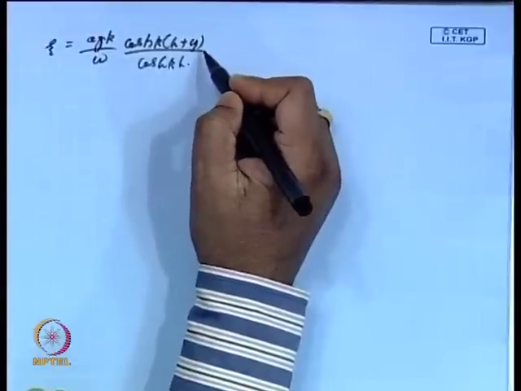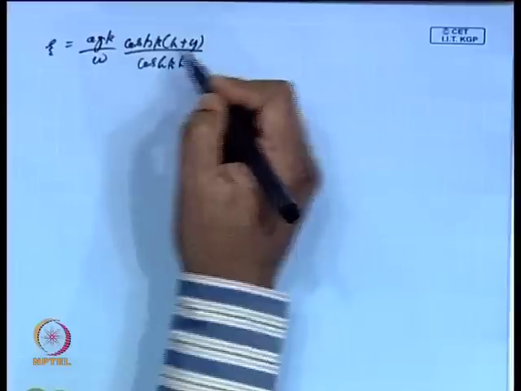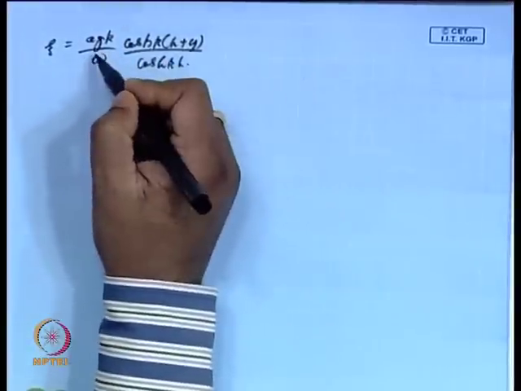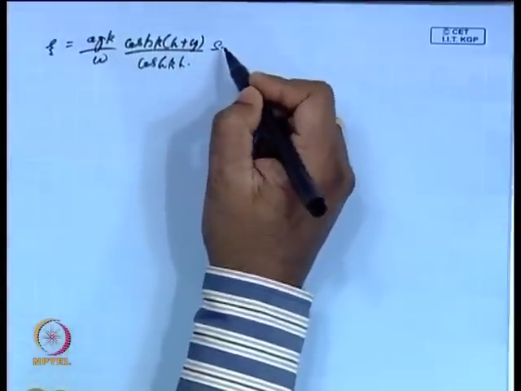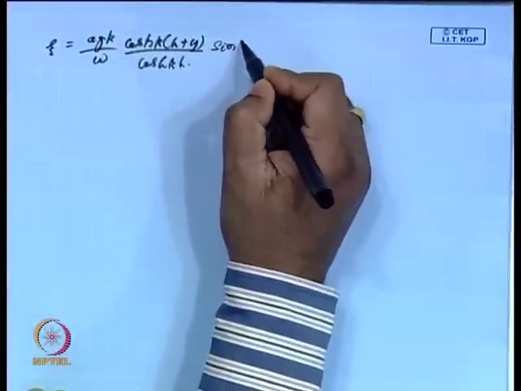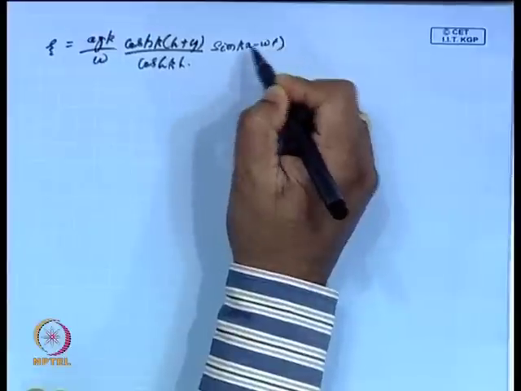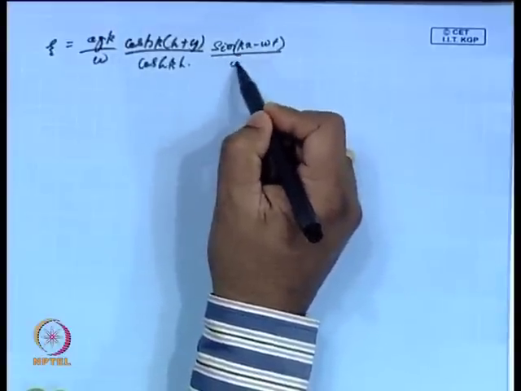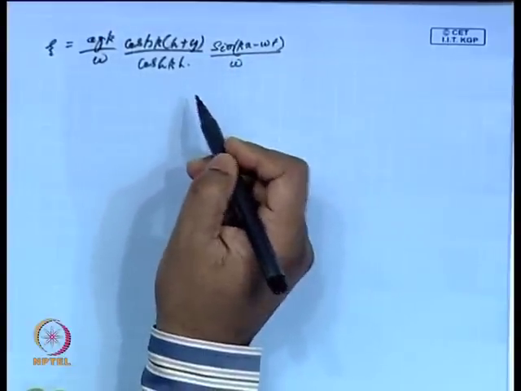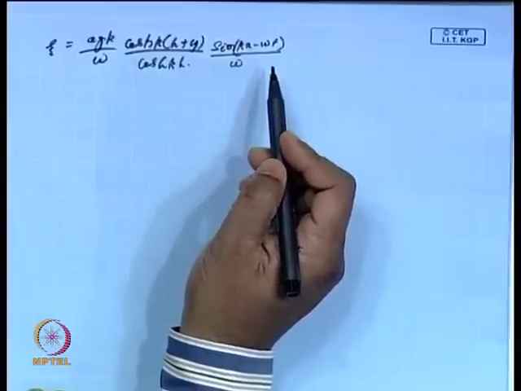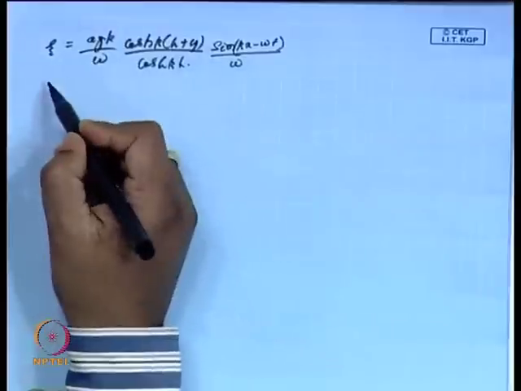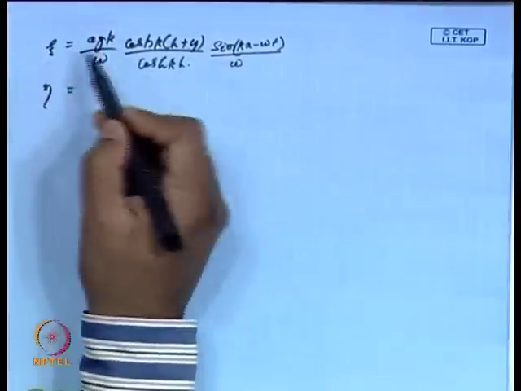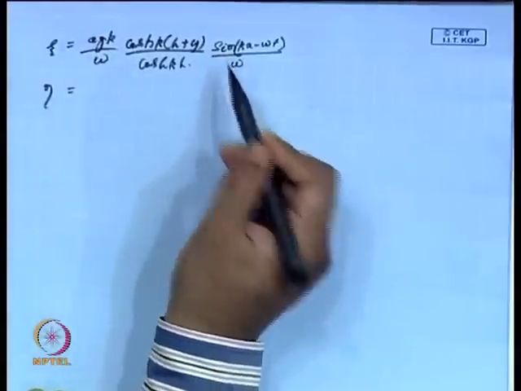By omega, and cos means this is sin(kx − ωt) divided by omega. This is equal to, and then we have eta, this minus sign will come here.